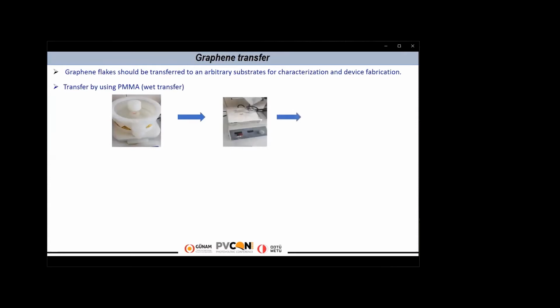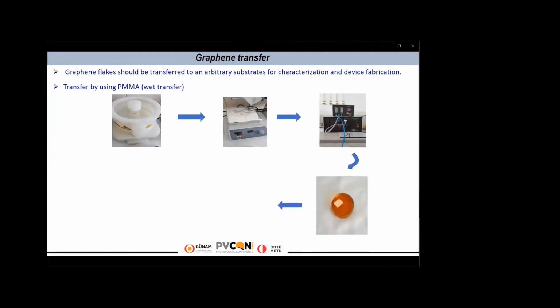Then, the copper is baked on a hot plate. After that, a plasma cleaner was used in order to clean the backside of the copper. Copper was etched in iron chloride solution. Graphene and PMMA are rinsed with deionized water. Finally, we can transfer graphene onto any substrate.